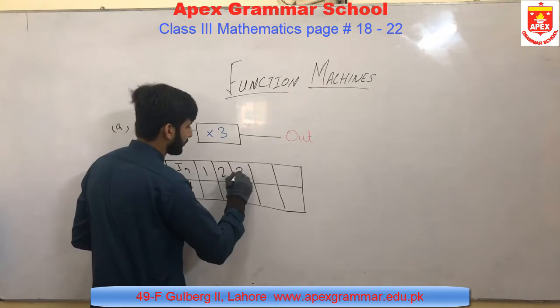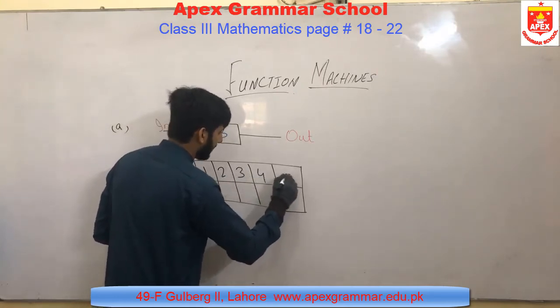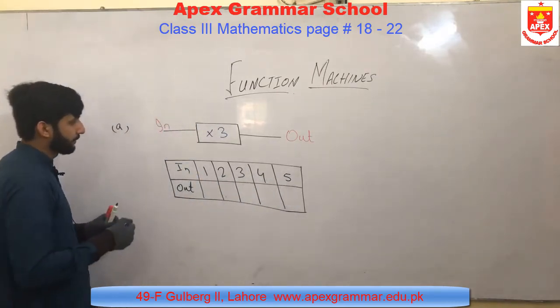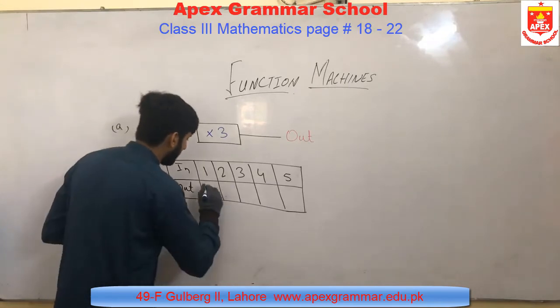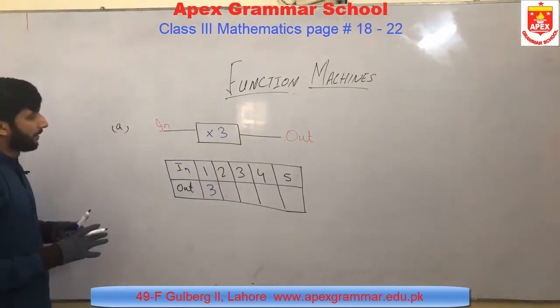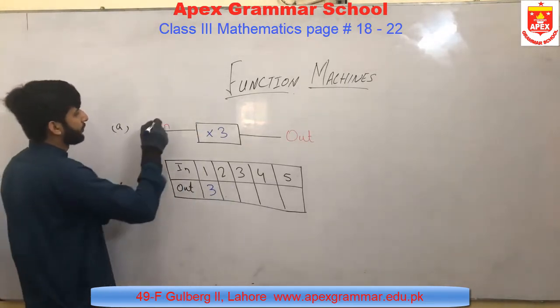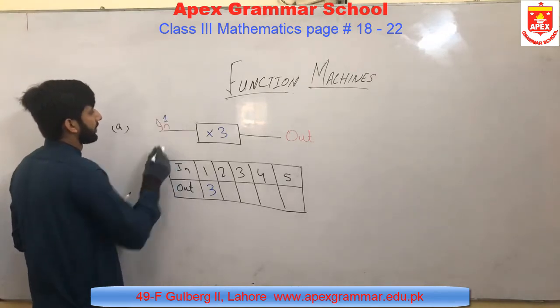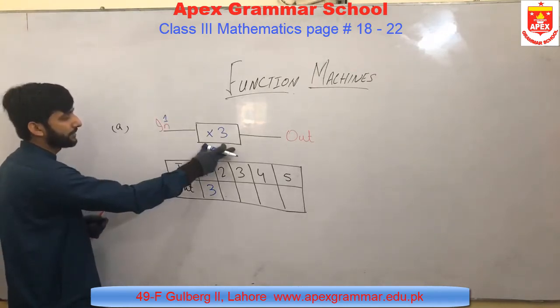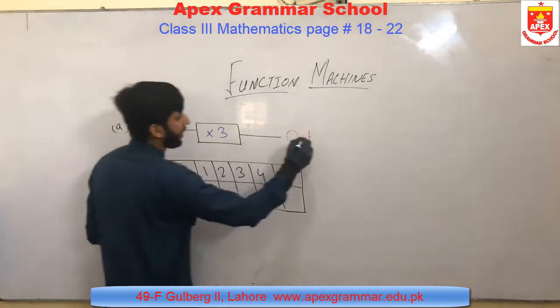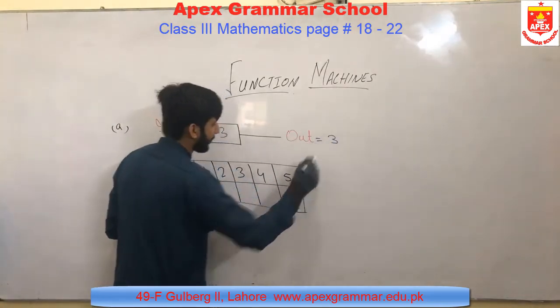One, two, three, 4 and 5. One result is given to you, 3. When 1 will come at this input side, this will pass from this function, 3 ones are 3, the out one is 3.